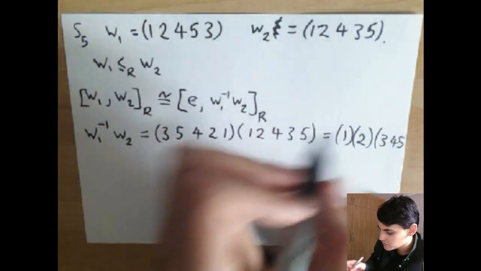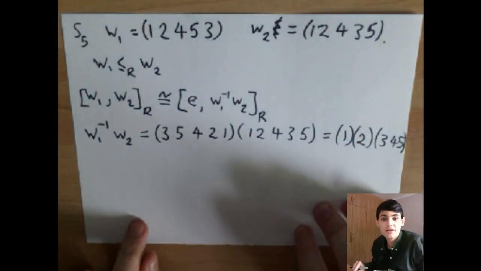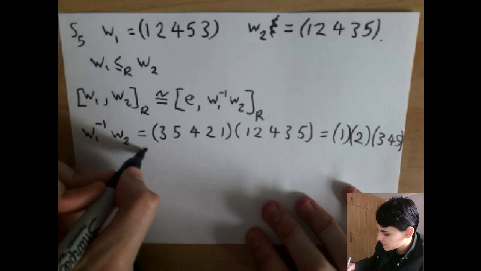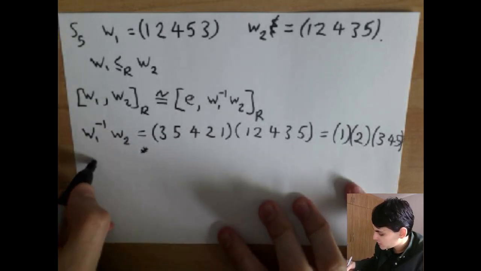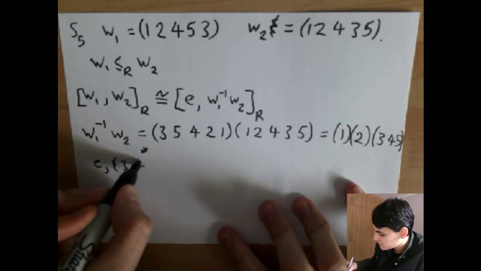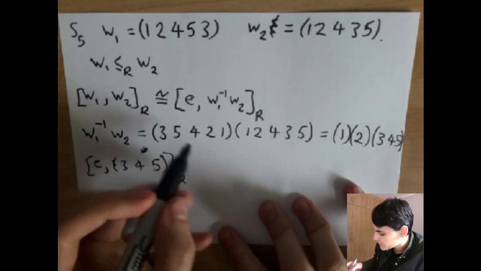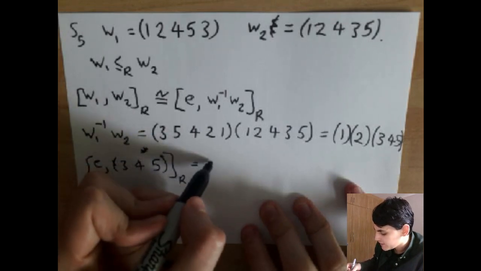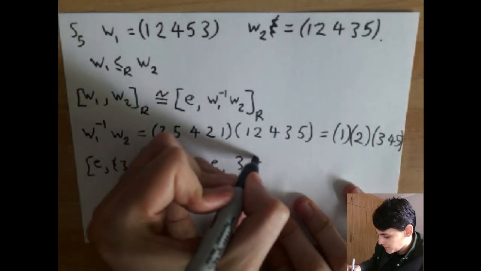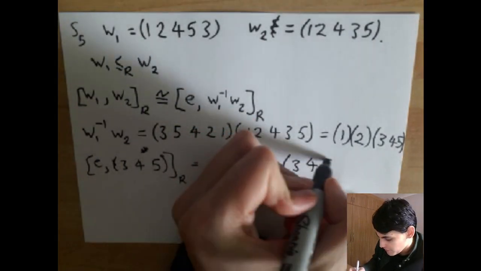And then we double check: 5 goes to 1, 1 goes to 3. So to simplify, we end up with this interval, which is equal to the identity, the cycle 3, 4, and the cycle 3, 4, 5.